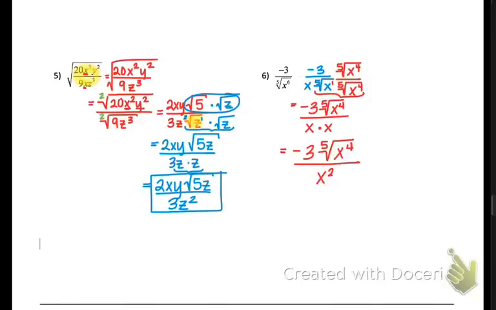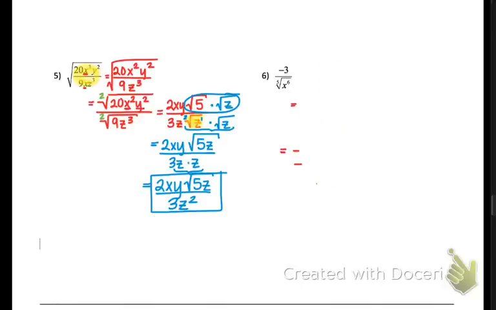Now, the other option, sort of a different way that you could have looked at this, and again, it's not more right, it's just different, it's a matter of preference, is you could look at this and say that I want to multiply instead by the 5th root of x to the 4th. So think about what that would accomplish if we did that. See if you can figure out why I'm doing that.